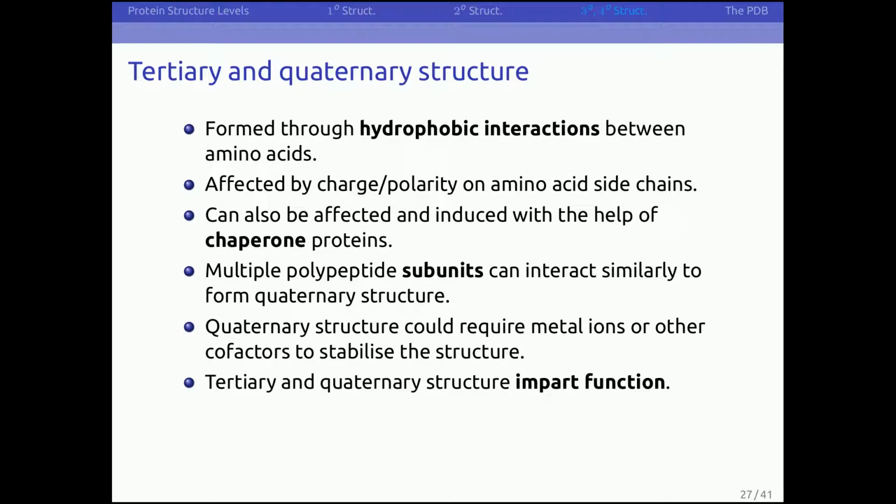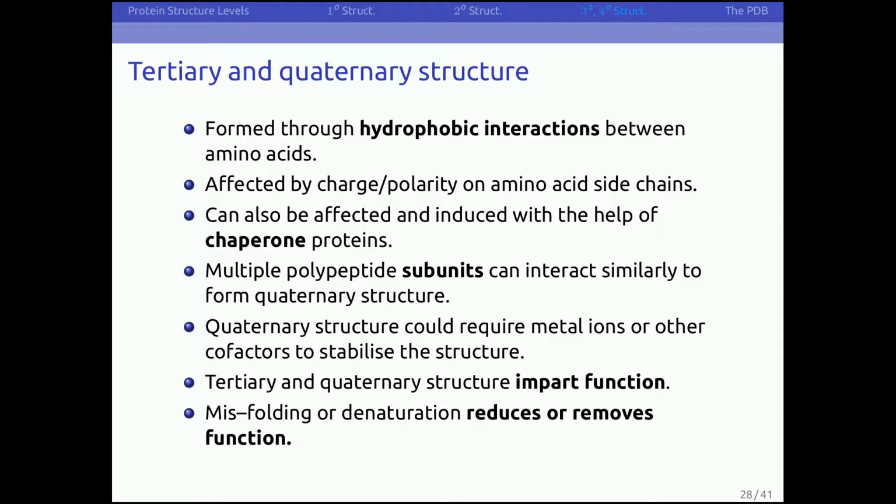And the way that these studies are usually conducted is that they try to see if the protein maintains its function under these different conditions. So by knowing that a protein loses its function, one can assume that the protein has lost its folding. In other words, on the flip side, protein structure determines function. Okay? And this just illustrates the point I just said, where misfolding or denaturation reduces or removes protein function.